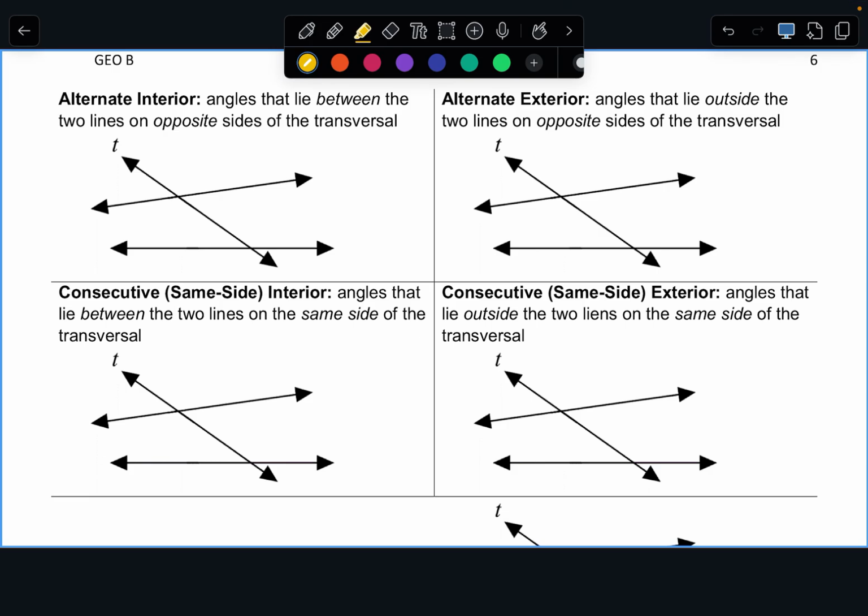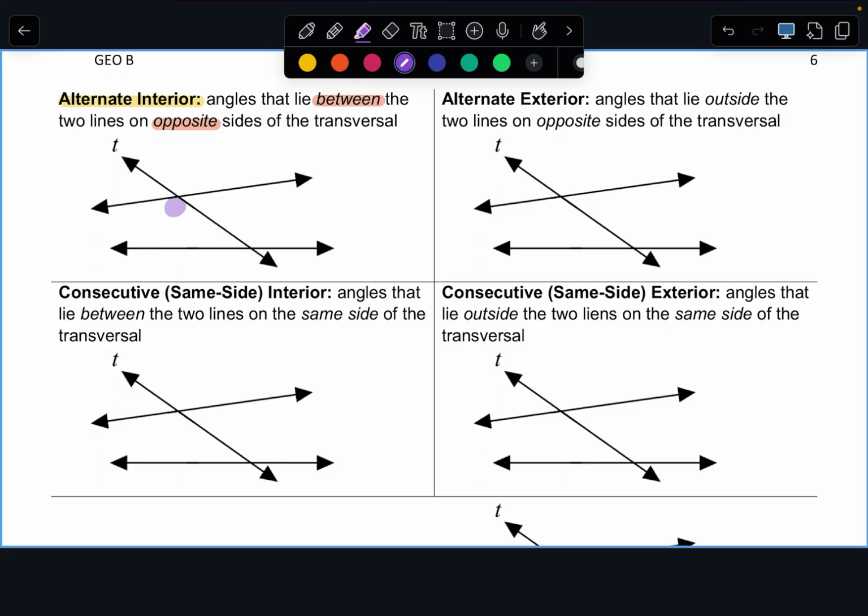So your first one, alternate interior. What's that? Yeah. Alternate meant opposite sides, and interior meant inside. So we are looking for two angles that are in between these two lines, but on opposite sides of my transversal. So I'm going to pick one of my interior angles first.